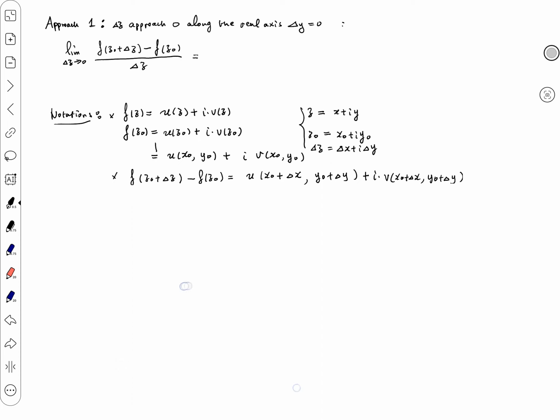This is the first part, minus u(x naught, y naught) plus i times v(x naught, y naught).